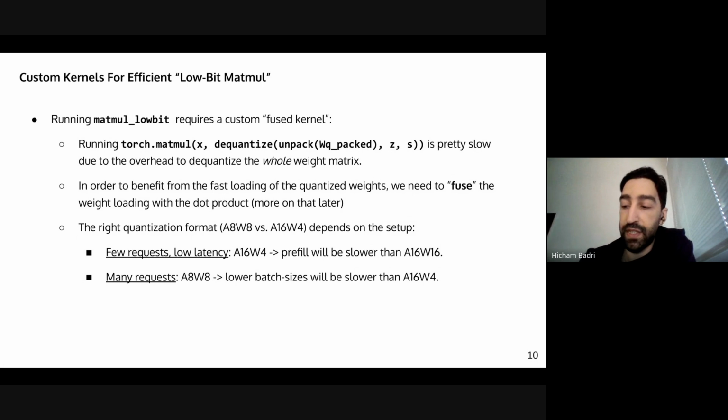So let's suppose that you have few requests, for example, one single user using a thinking model, some model that outputs a lot of tokens.